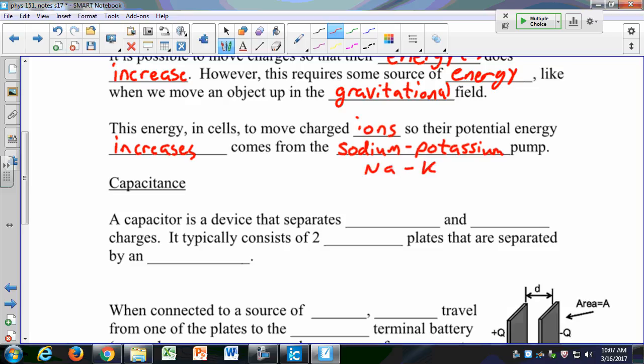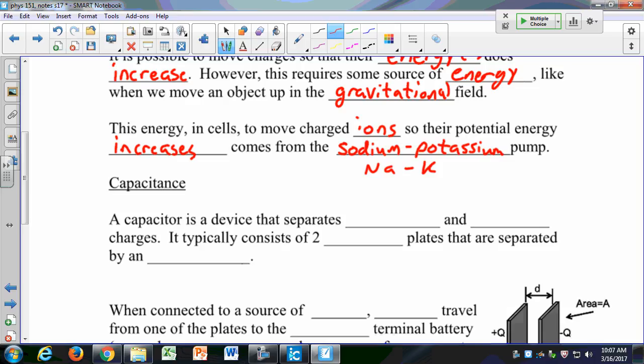We'll talk about that more later when we get into the anatomy part of this section, when we talk about neurons. But you can think of that as being like the chain on the roller coaster. Chugga, chugga, chugga.